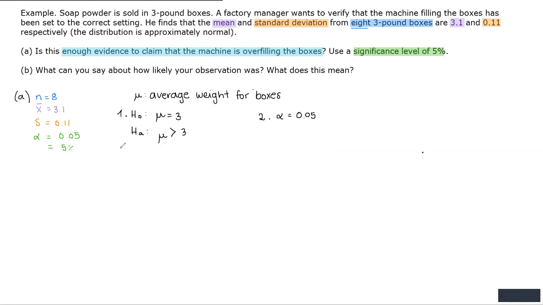The third thing is to actually perform the test. So the first step here is going to be to determine the type of test that we're going to use. And because here we're given that the distribution that this comes from is approximately normal, and also, this is just between us, because this is the only test that we have seen so far, then you know that that's the one that you need to use, right?